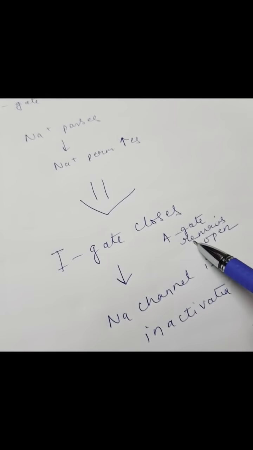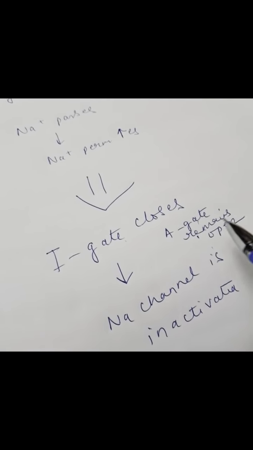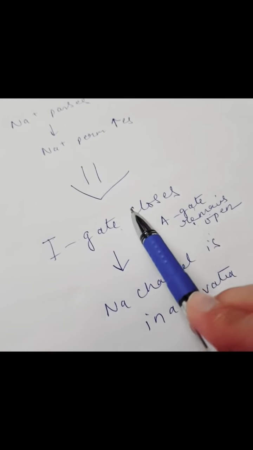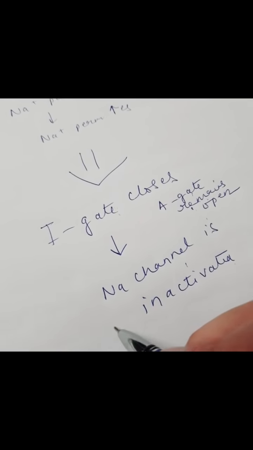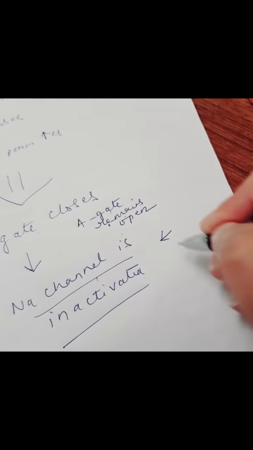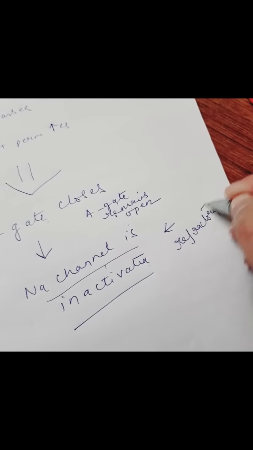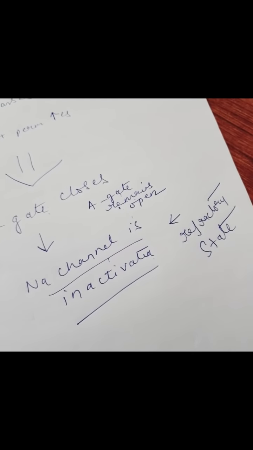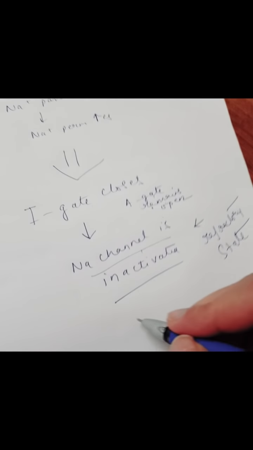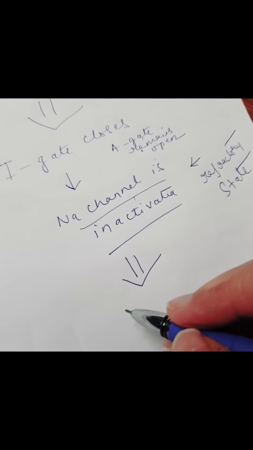The A gate opens and then remains open due to a voltage change, and the I gate closes also due to that voltage change. So the sodium channel is inactivated. This is refractory and no stimulus can affect this inactivated state. So it is a refractory state, that is, it does not get stimulated. Now this continues till the membrane potential returns to minus 70 millivolts.